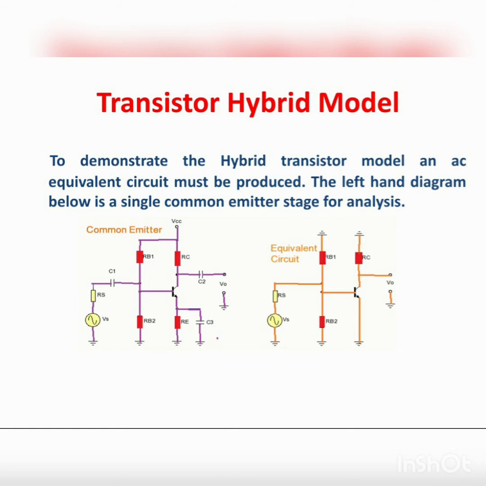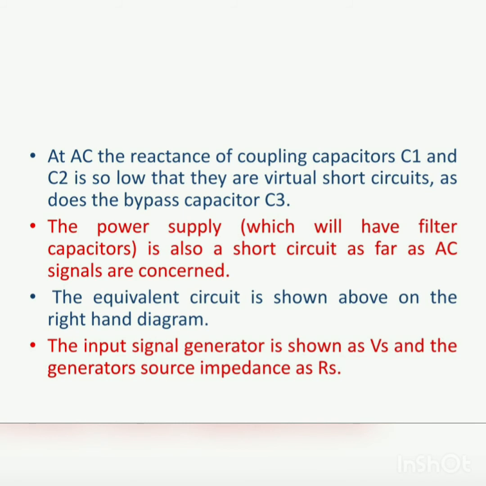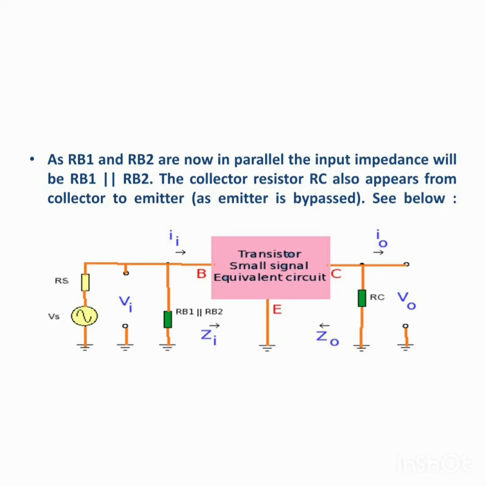So neglecting the capacitances, we redraw the circuit and get this second circuit. In the second circuit we see that the coupling capacitors C1 and C2 are neglected, and we consider the base resistances RB1 and RB2 to be parallel. So we take Zi here. We have input impedance at the input side, output admittance at the output side, and then RC is taken.